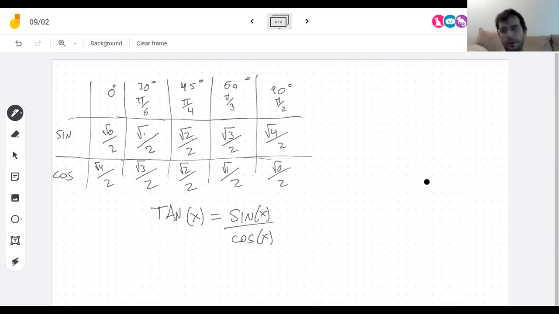And then finally, to end this class on a super high point, what's the most important trig identity? There's only one correct answer to this question. I'm asking you. Am I asking you to read my mind to see which one I think is the most important?